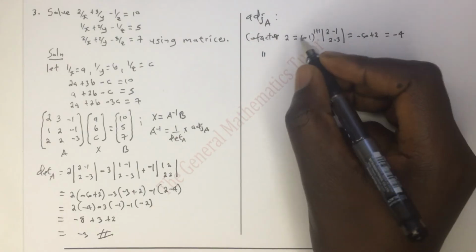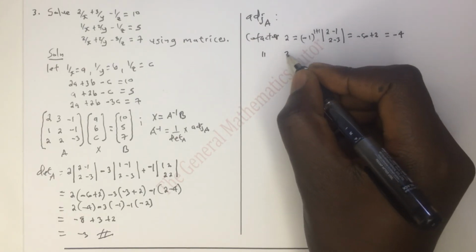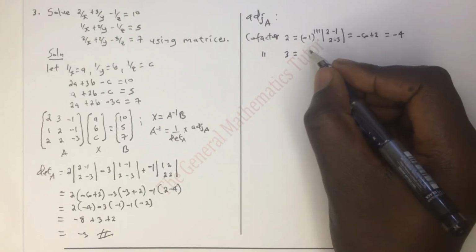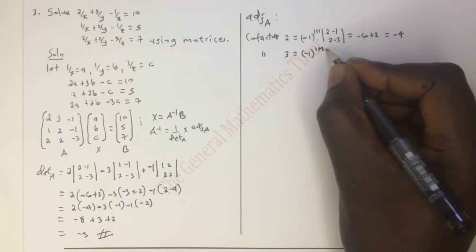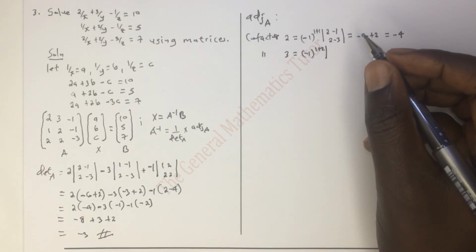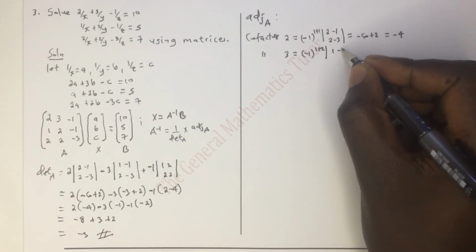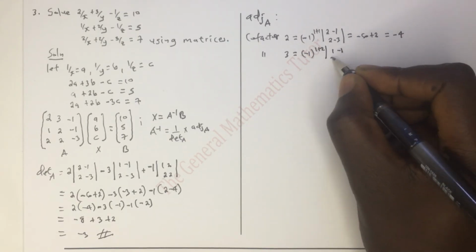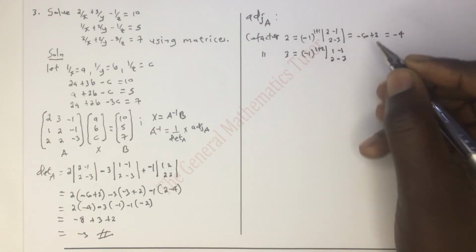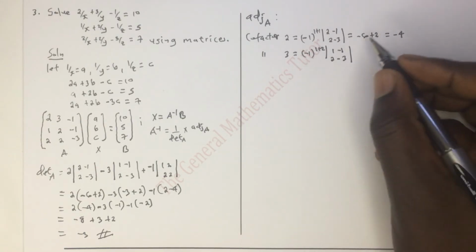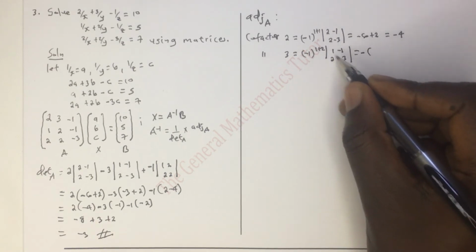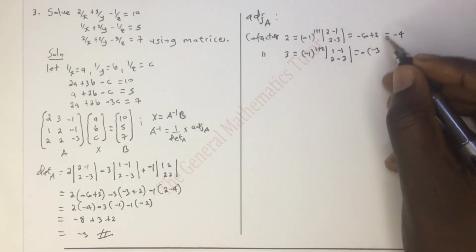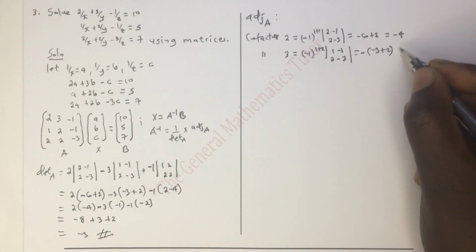Then the cofactor of the next element, that is the cofactor of 3, will be given by, so 3 is in row 1, column 2, and the 2 by 2 matrix that is left is 1, negative 1, 2, negative 3. So this is odd, so we're going to have a negative. So negative of negative 3 plus 2.